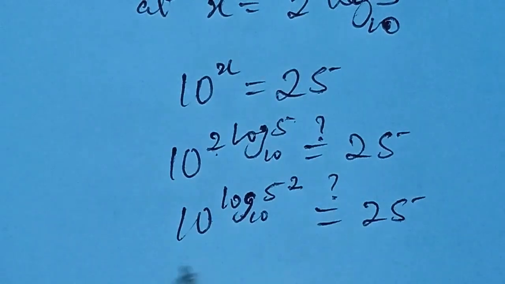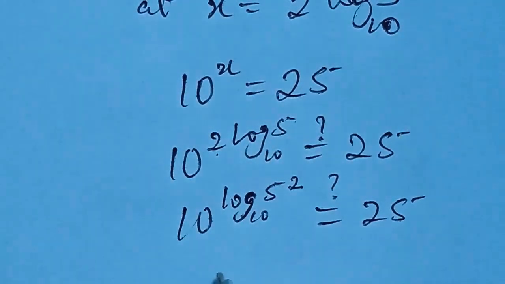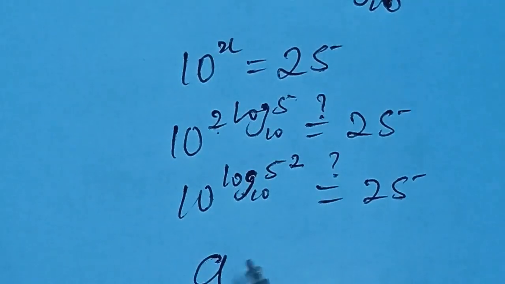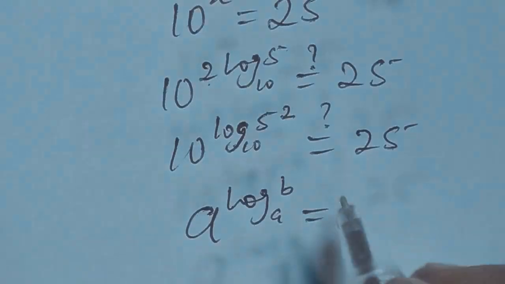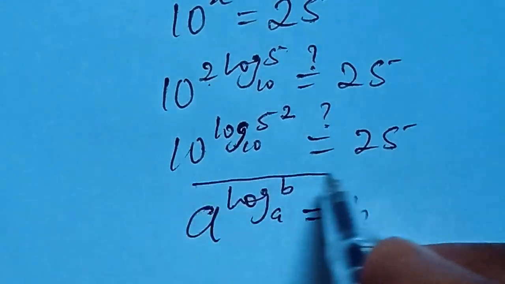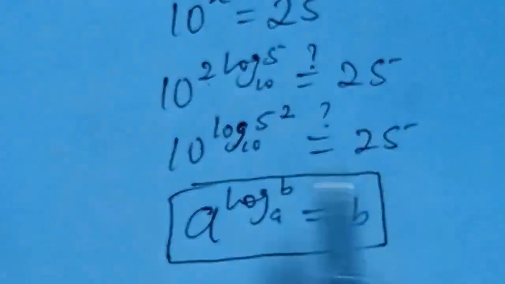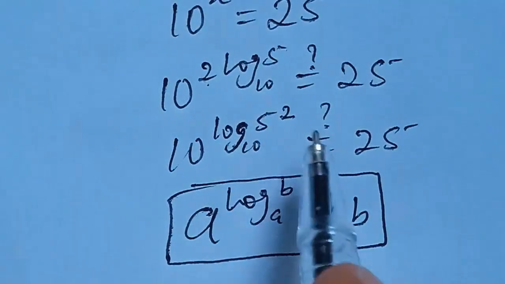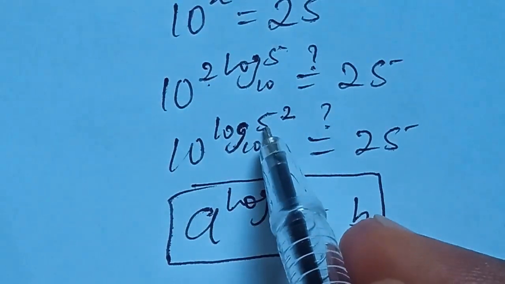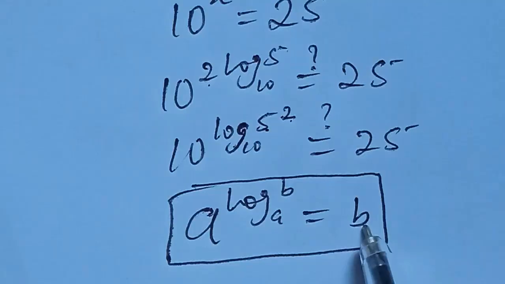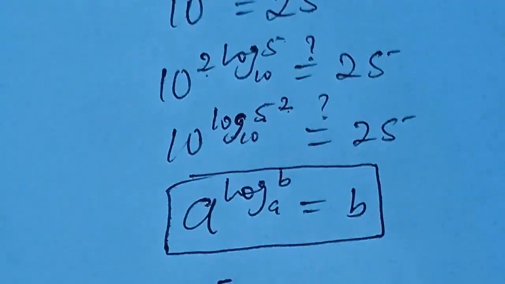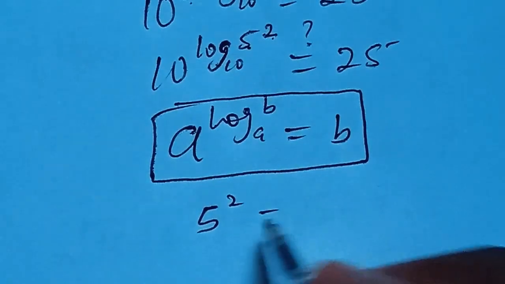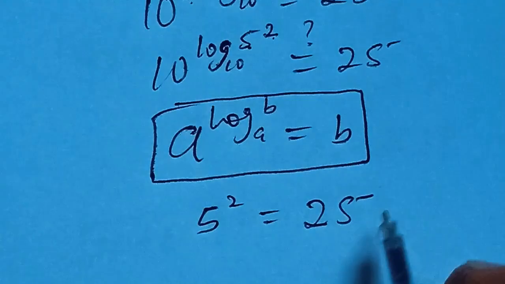So over here there is an identity which implies a to the power of log base a of b is written as b. So using this identity, we can express this left hand side. So this 5 is representing b over here. So we now have from our left hand side 5 to the power of 2, which will be equal to 25.